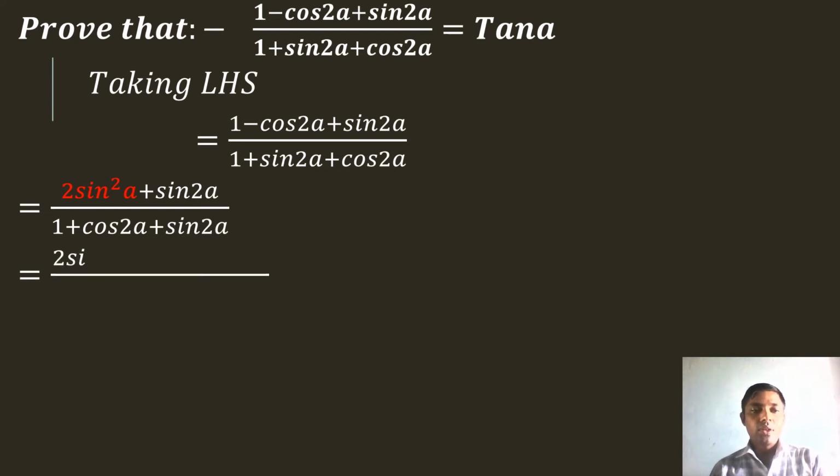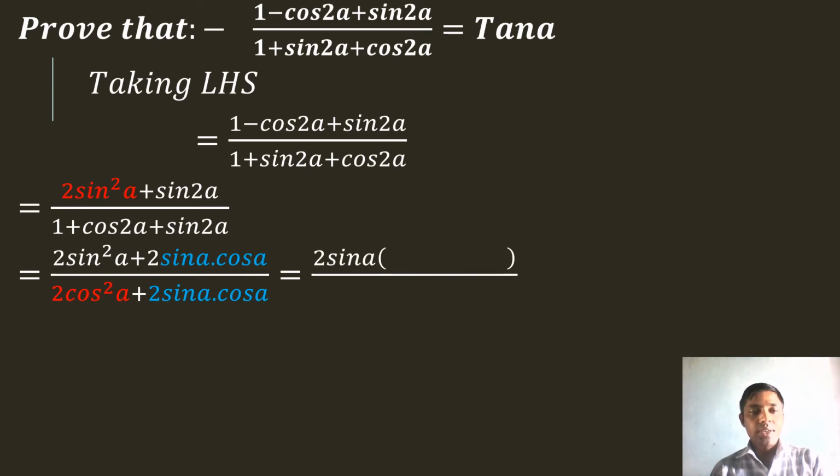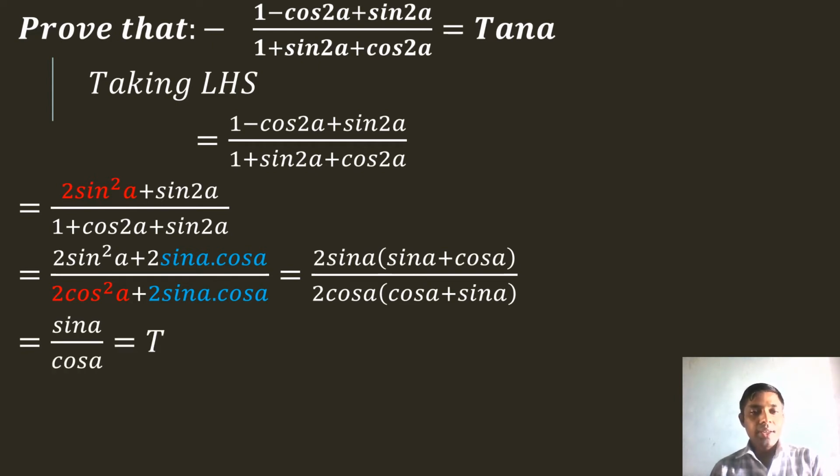The numerator is 2 sin²A plus 2 sin A dot cos A. In the denominator, in place of 1 plus cos 2A we take 2 cos²A, and in the same way for sin 2A we write 2 sin A cos A. In the numerator we take 2 sin A common, and in the denominator we take 2 cos A common. So sin A plus cos A will cancel out, and we get sin A by cos A, that is tan A. This is our required RHS.